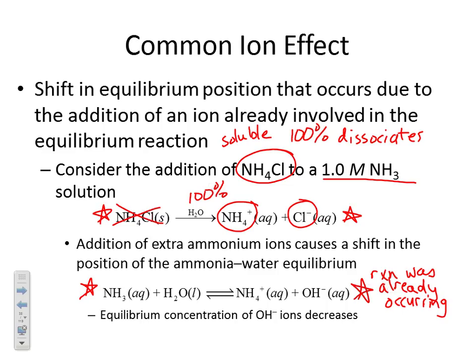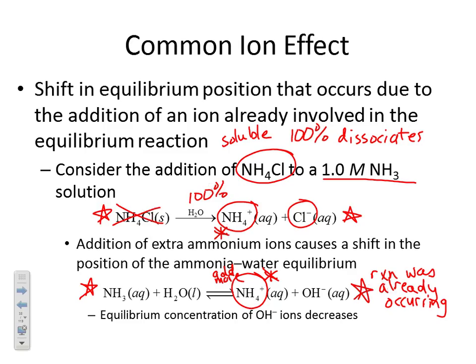Then you add in a whole bunch of ammonium chloride, and notice that the ammonium that we have right here is also right here in the equilibrium reaction that was already occurring in solution. So we just added more. We added a whole lot more ammonium.